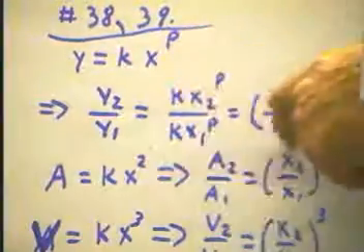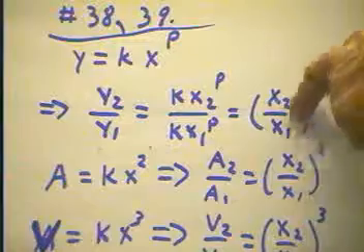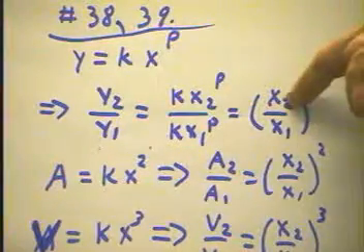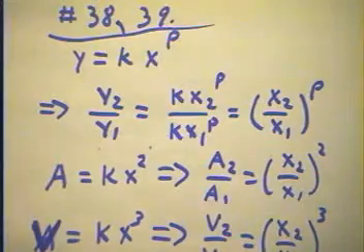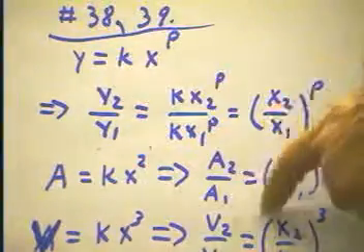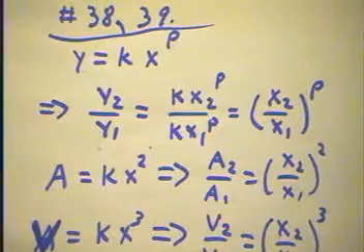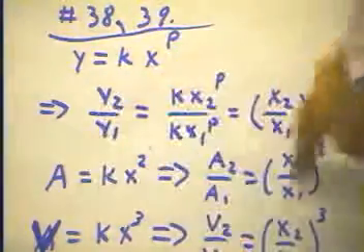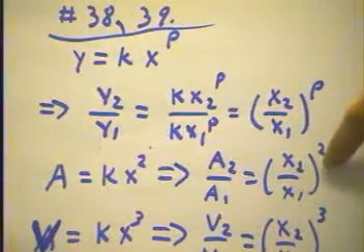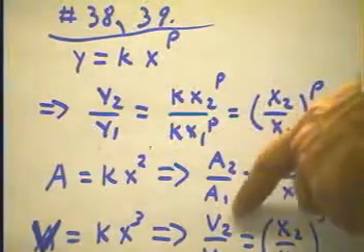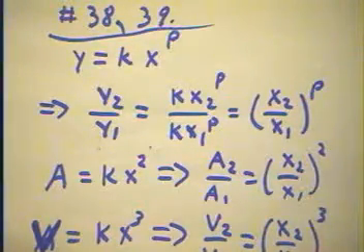The k's divide out and we're just left with x2 to the p over x1 to the p, and we can just express that as x2 over x1 raised to the p. For example, if y equals ax squared, we're going to get a2 over a1 equals x2 over x1 squared. That's an area proportionality. So the ratio of two areas will be the square of the ratio of linear dimensions.